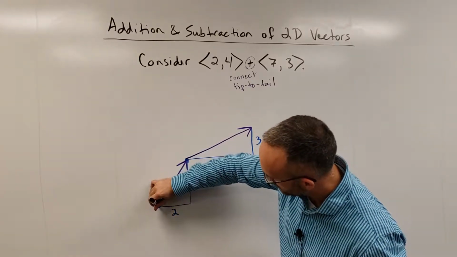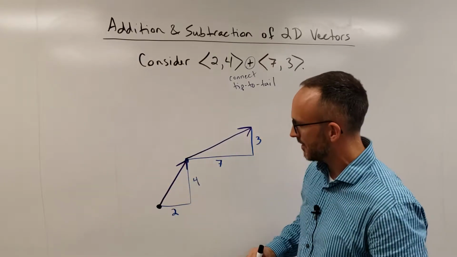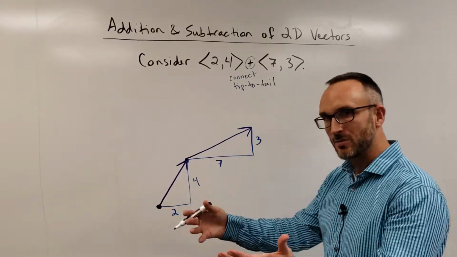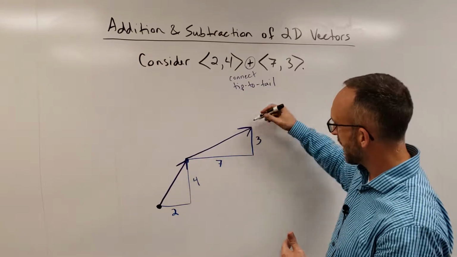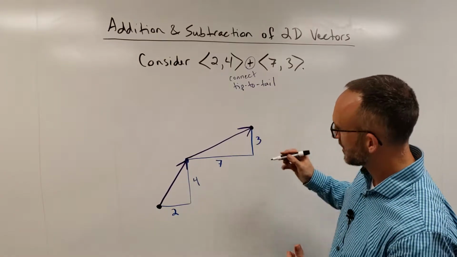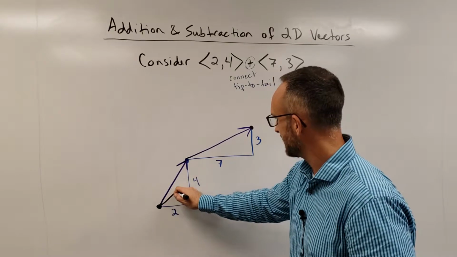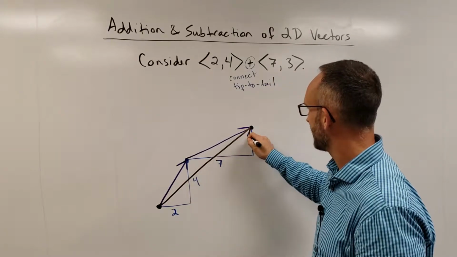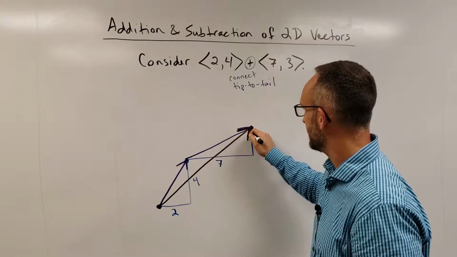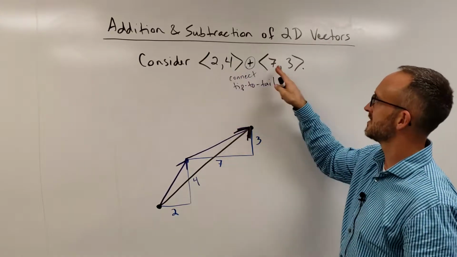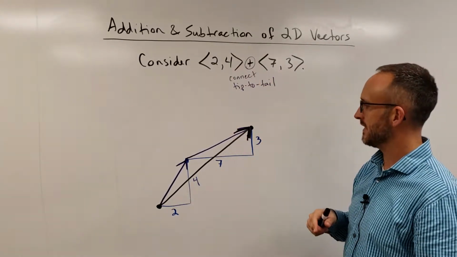Well, the original system of vectors started right there, and the whole system terminated. If you travel this path, it terminates here. So the new vector we get, I'm going to try to draw this as straight as I can, something like that. That vector is the answer to this sum, this addition of vectors.